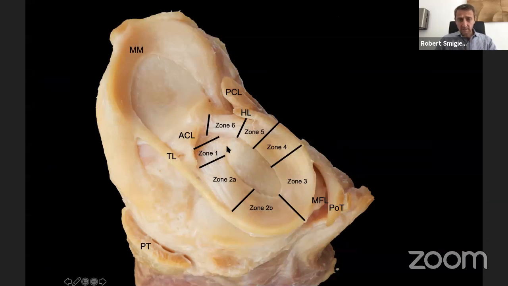This is zone 1, but I would be scared about damaging zone 1 when we put the tunnel for the ACL, because then we have to damage some fibers of the zone 1.